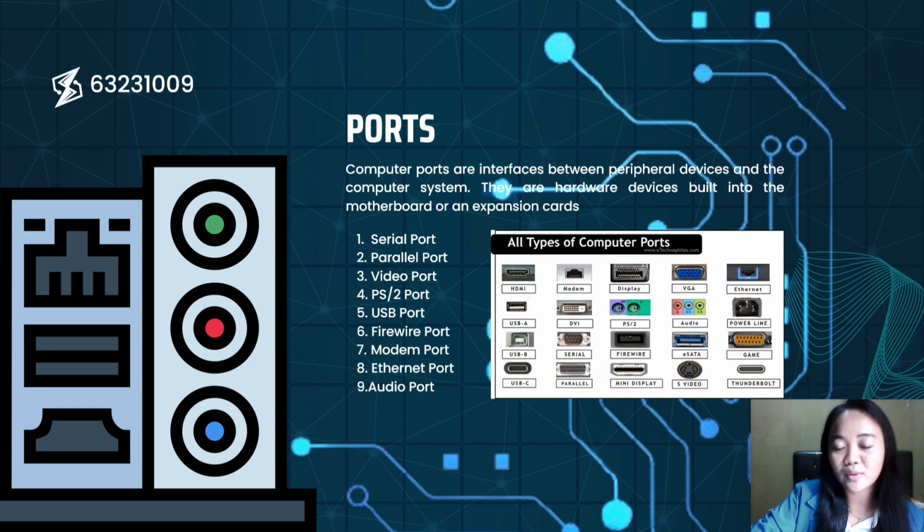Examples of computer ports include serial ports, parallel ports, video port, PS2 port, USB port, Firewire port, modem port, Ethernet port, audio port, and this is an image of the ports.